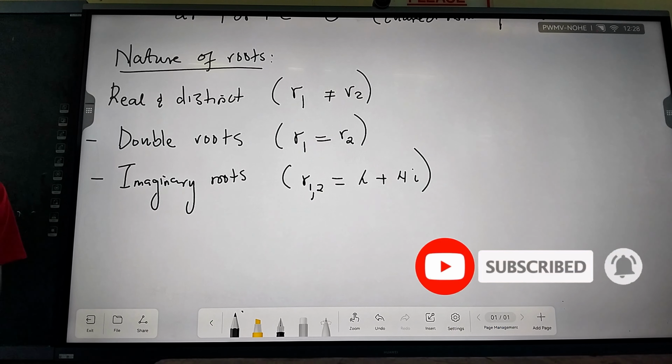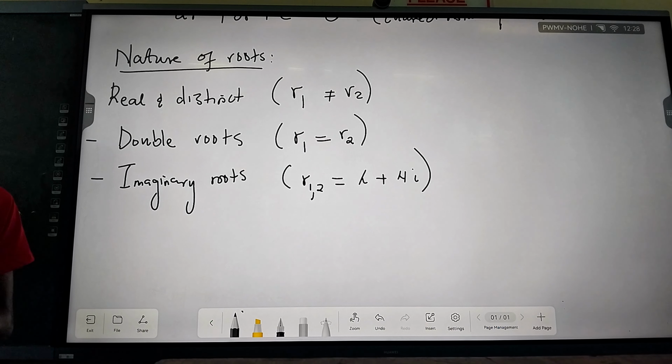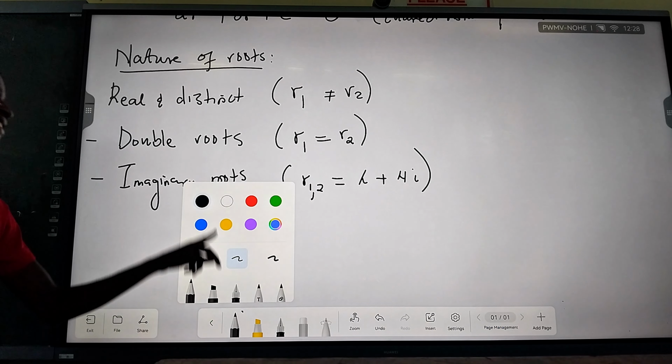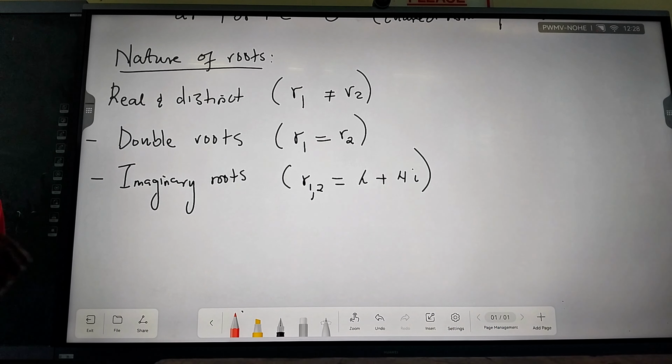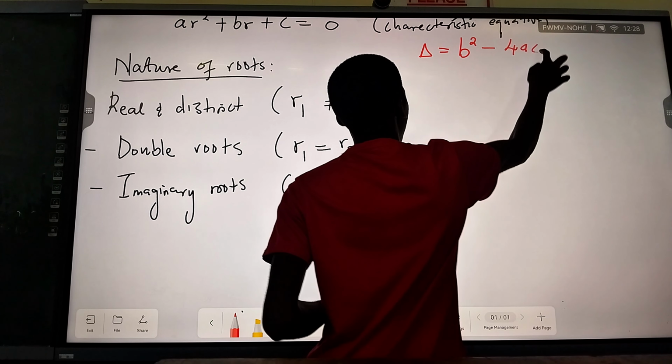First you must see what nature of roots are you having in your characteristic equation. And uzobona kanjani nature of roots yakho? You are going to do a discriminant. You know what a discriminant is, right? So what is a discriminant? Delta. It is b squared minus 4ac.